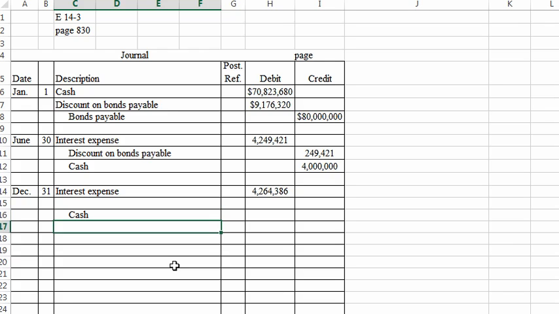Again, you could put cash on that second row if you wanted. I'm just going to keep it consistent with what I did before. We'll credit cash for the amount that's going to be paid out. That won't change. It's going to be $4 million each time. And then we're going to credit the discount to take it off the books, or a portion of it off the books, for the difference in these two.